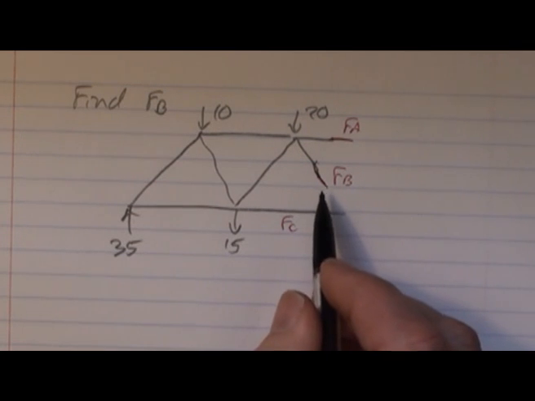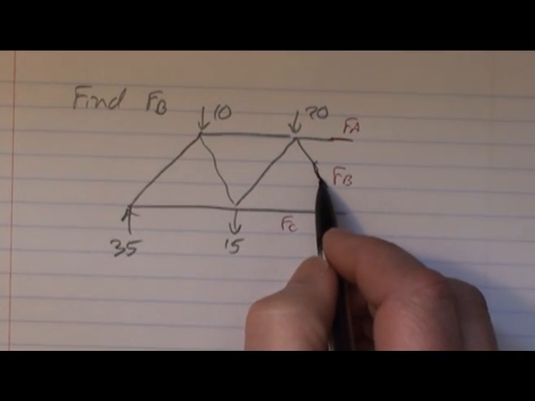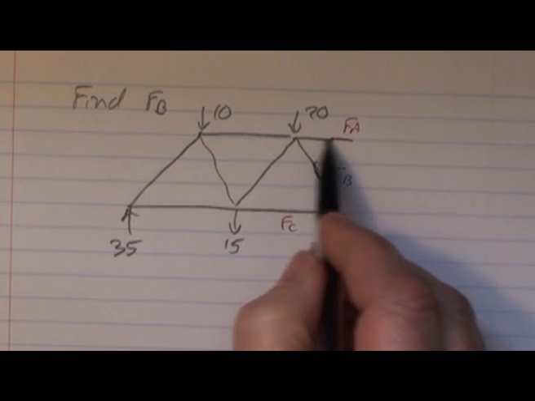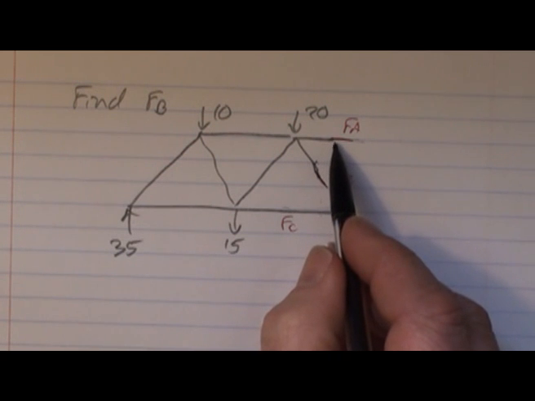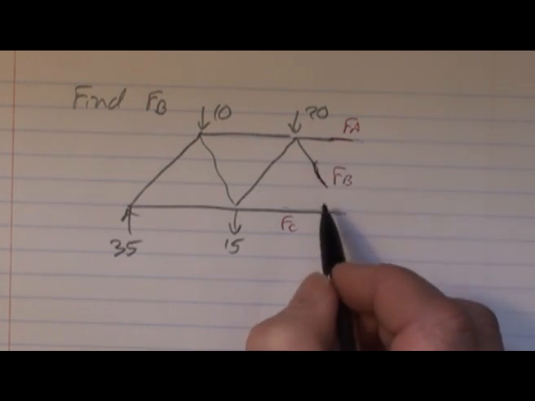The method says that we need to find FB, we need to take moments about where FA and FC cross. Now, these two are parallel, so they're never going to cross. So we're a little bit stuck at this point.